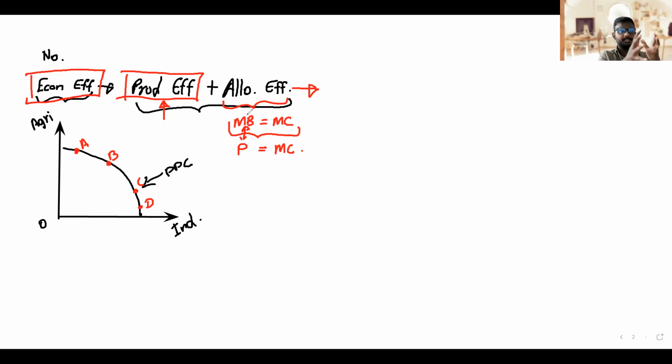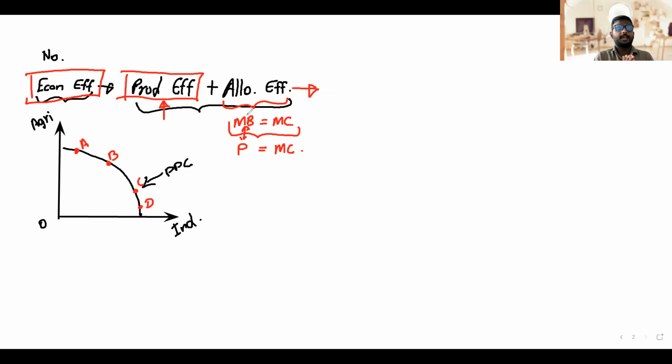Marginal benefit means the value you get when you consume an extra unit of a product, and it will be equal to the price you pay for it. If the benefit you get from a product is worth 150 rupees, you won't pay 500 for it. You will pay 150 only. So marginal benefit and price are the same thing.